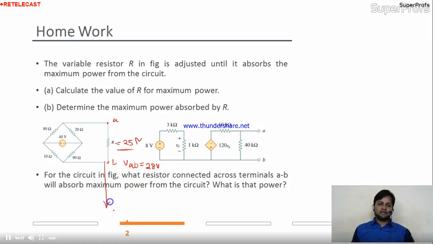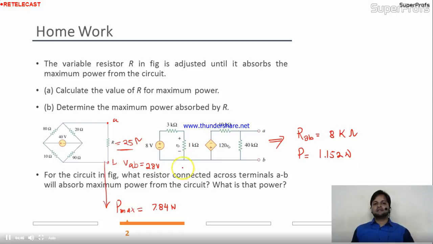And if you calculate the maximum power, that power will be 7.84 watt. Is it okay? Come to this question now. For this question, the equivalent resistance across A and B, RAB, is nothing but 8 kilo ohm, and the maximum power is nothing but 1.152.